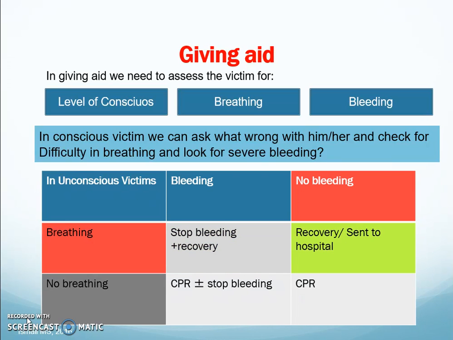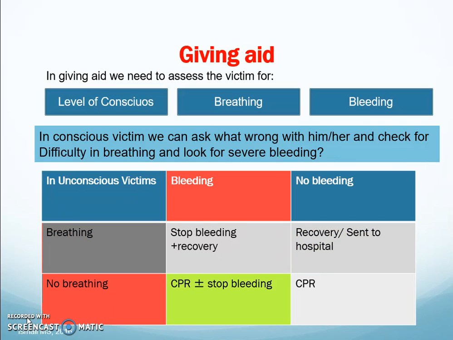Next, if he is unconscious and breathing but there's no bleeding, you only need to turn him to recovery position and send him to hospital, or turn him to recovery and wait for the ambulance to come to pick the patient up.